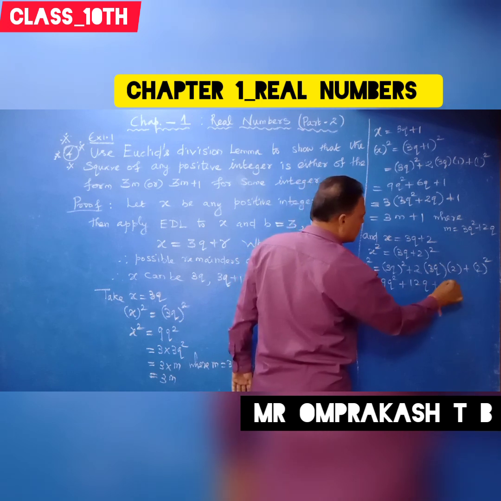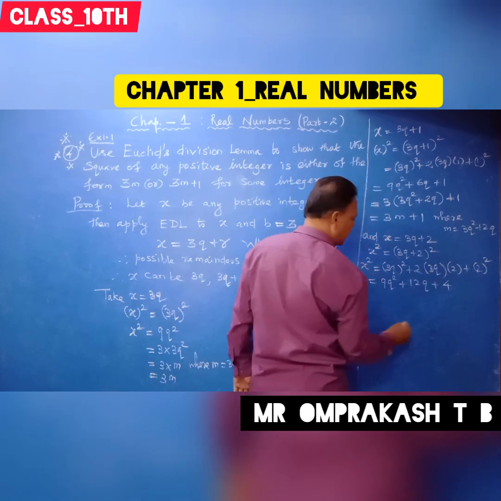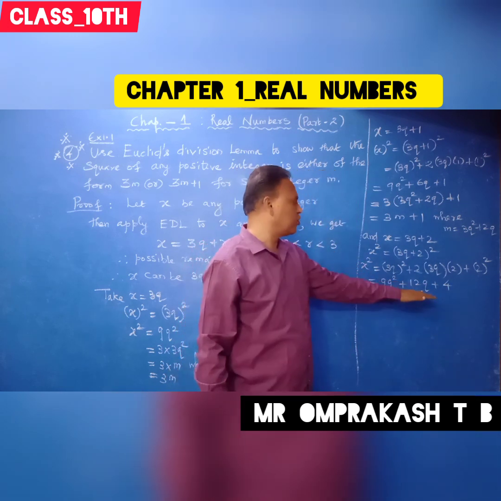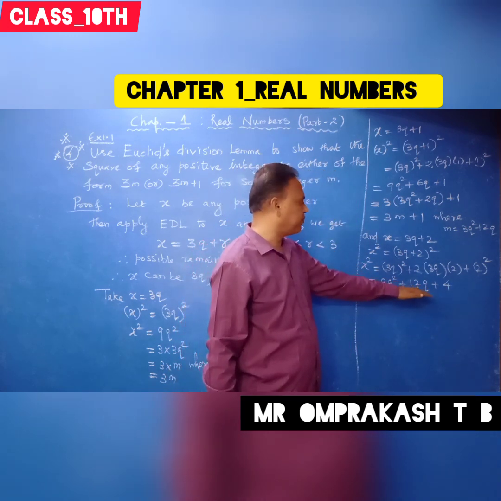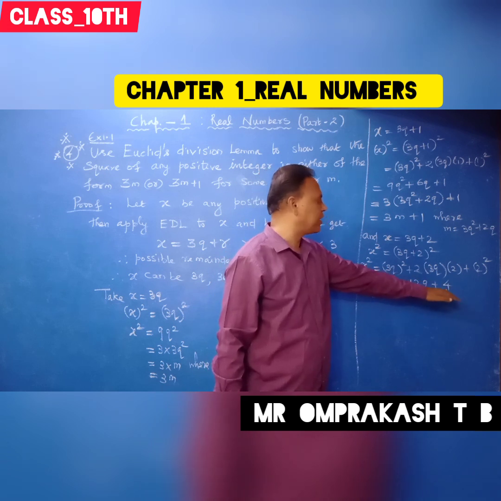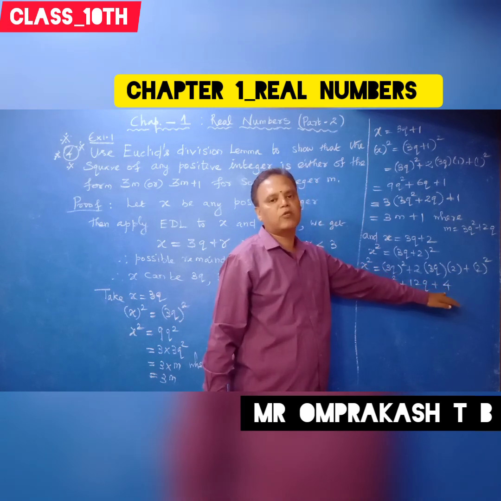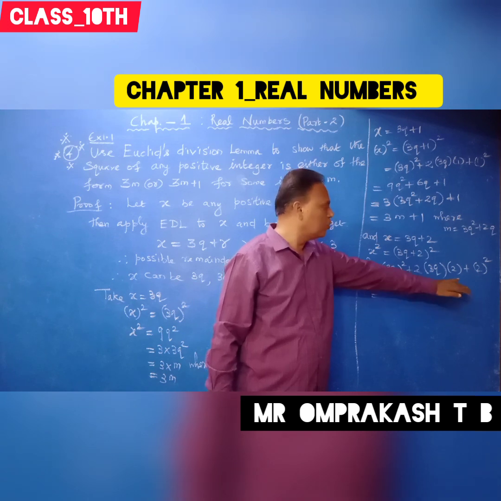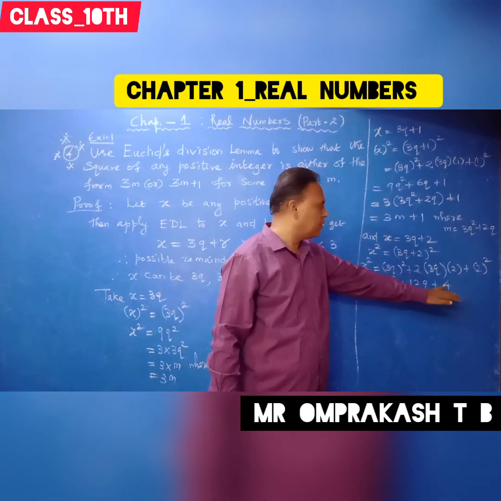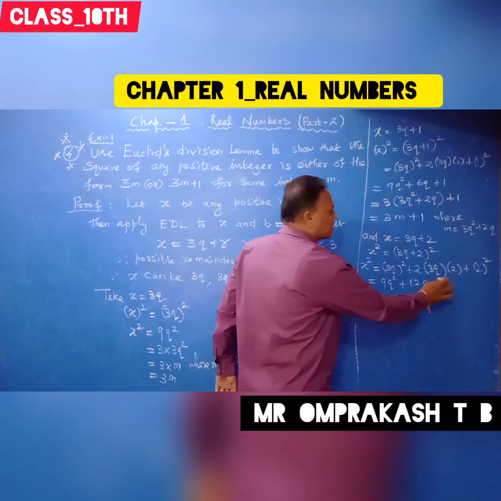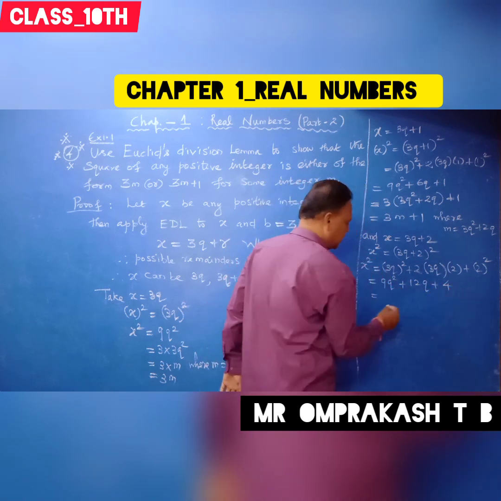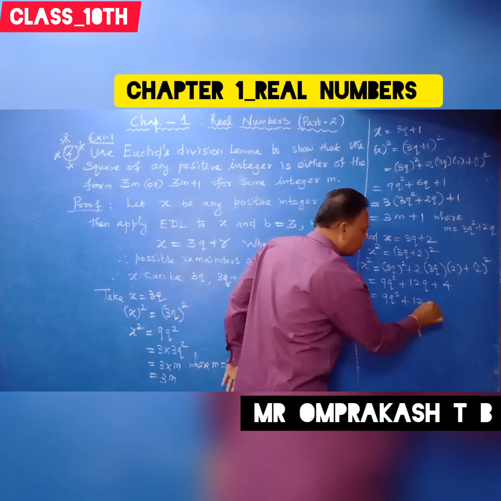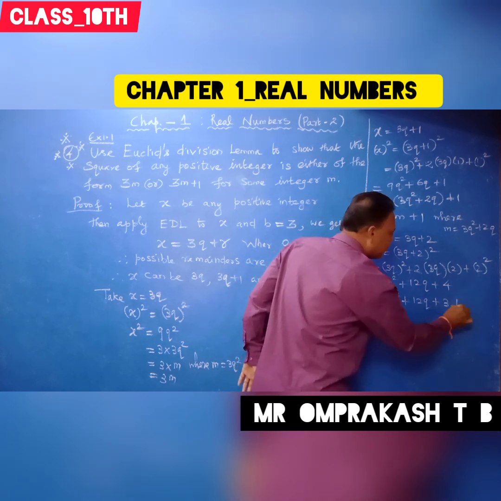12q plus 4. But here you see, in the first two terms 3 is common. But here we have to get 1, and here 4 is there, so we have to split it into 2 terms. For our convenience, this 4 can be written as 3 plus 1. So 9q squared plus 12q plus 3 plus 1.